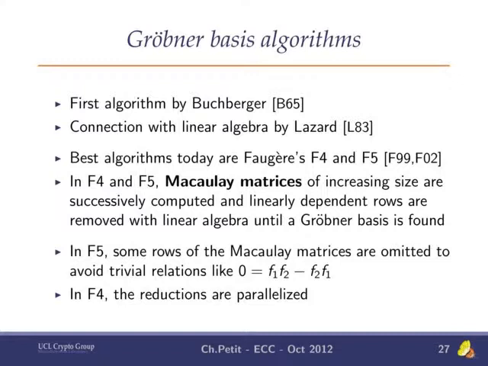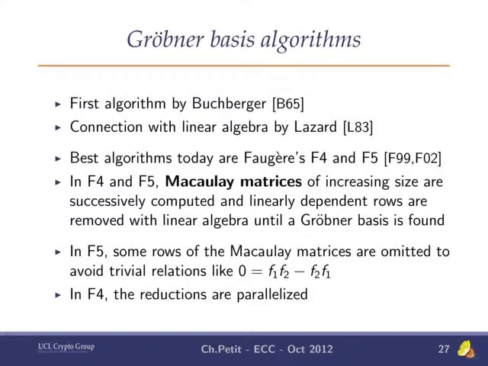If you have two polynomials in your basis, f1 and f2, and you multiply f1 by f2 and f2 by f1, then clearly f2·f1 minus f1·f2 is 0.